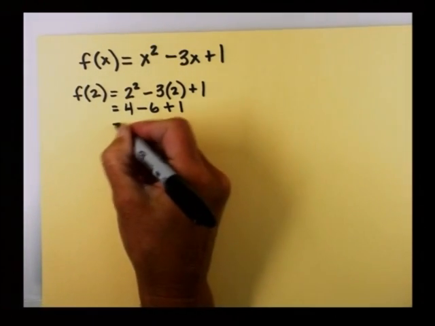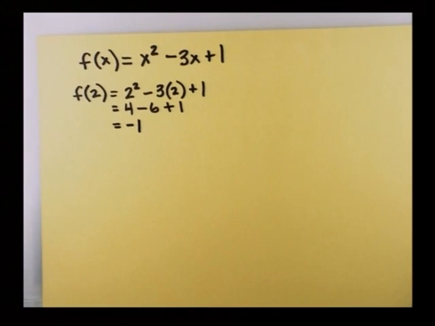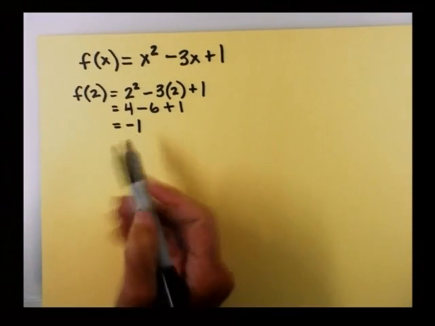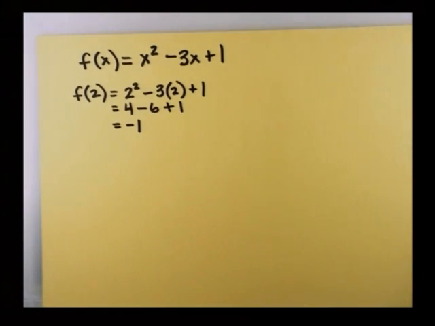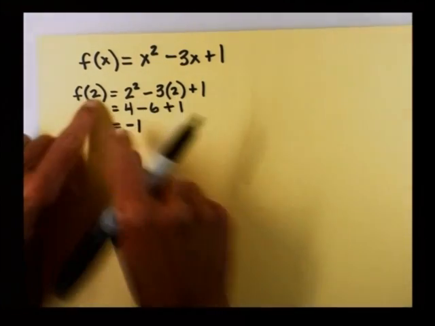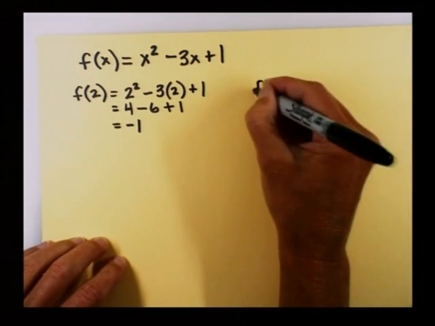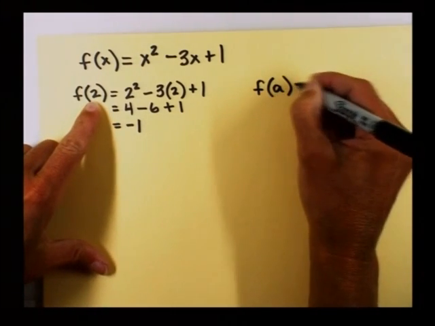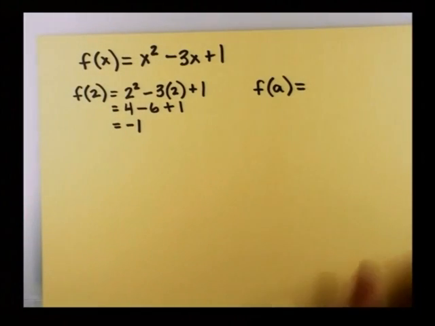4 minus 6 plus 1. And I can represent this then, saying that f of 2 equals negative 1. When I put in a 2, I'm going to get out a negative 1 for this function. No matter what the number is, no matter what is represented in this parenthesis, is what I'm going to be plugging in, even if it's another variable.